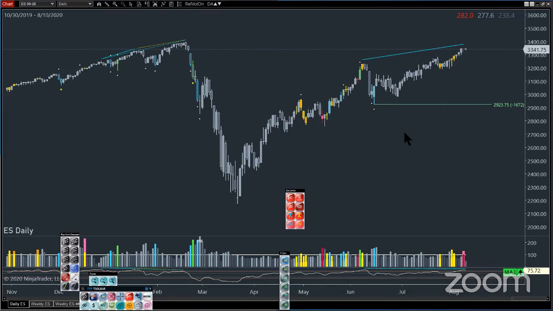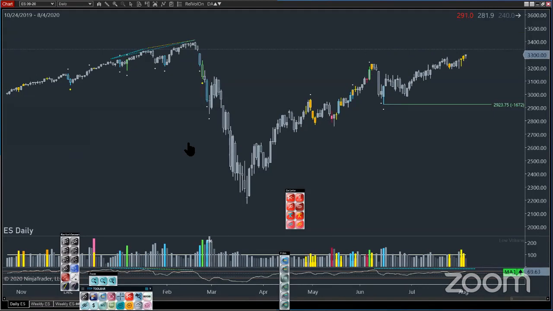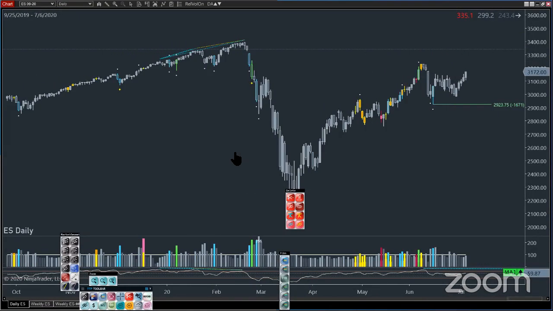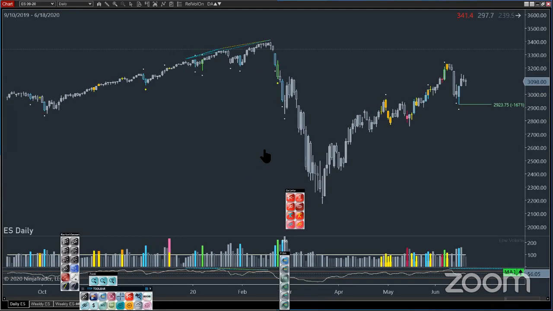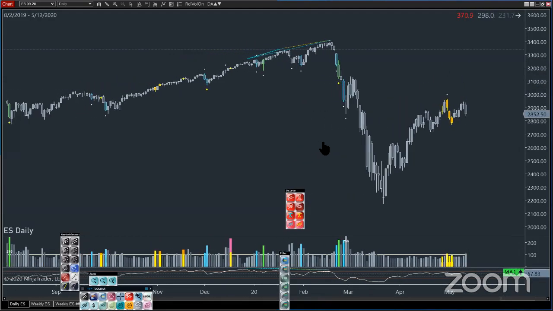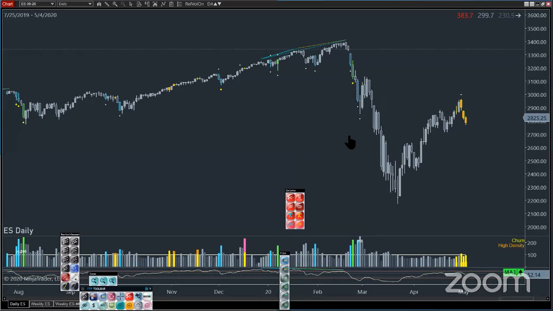Average range is narrowing, so you've got about 280 to 240 ticks per day on average. And let's see what it is back here. 300, 350, 370.